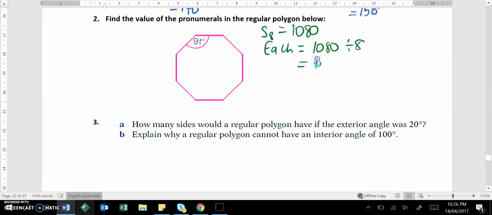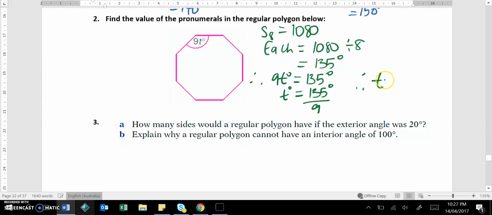And that was 135 degrees, and that's the size of each angle. So in this one, we can say that 9t degrees must be 135. Solve for t by dividing both sides by 9, and that tells me that therefore t is equal to 15 degrees. Okay, and that's your final answer.